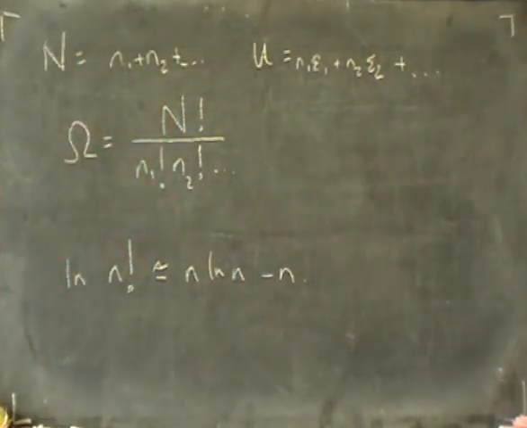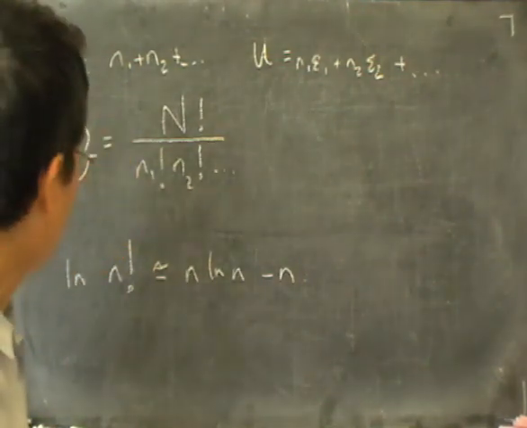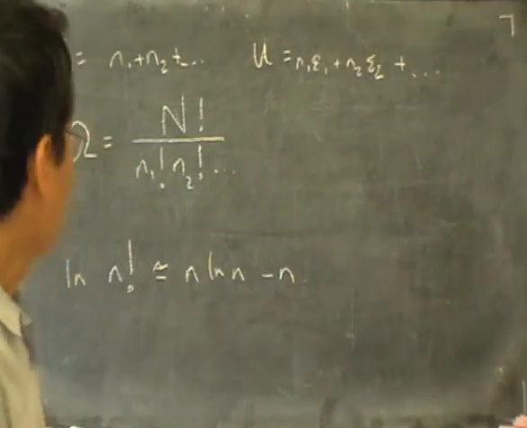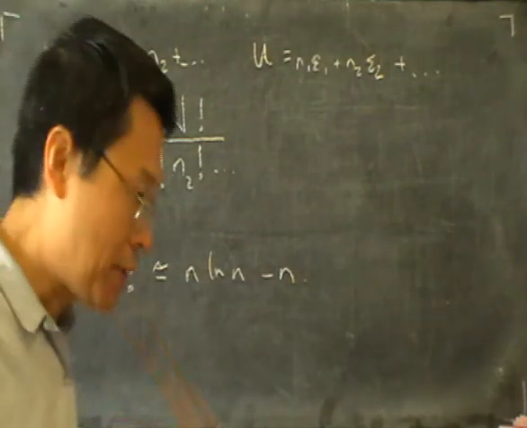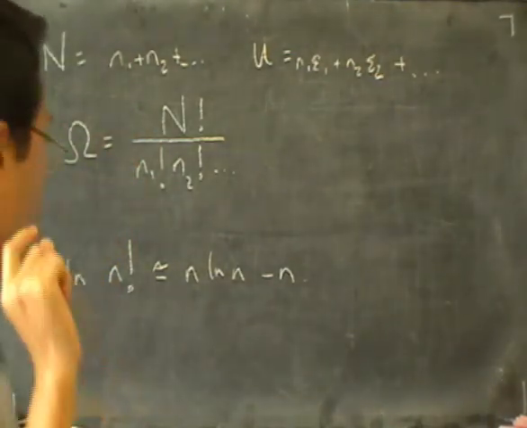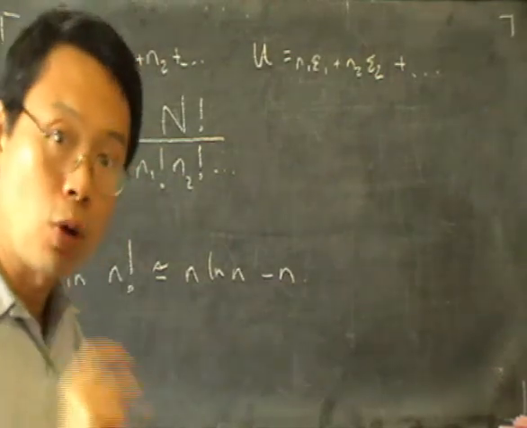So that simplifies things. In order to find the maximum, instead of differentiating omega directly, we are going to look at the log of omega and find the maximum for the log of omega instead.